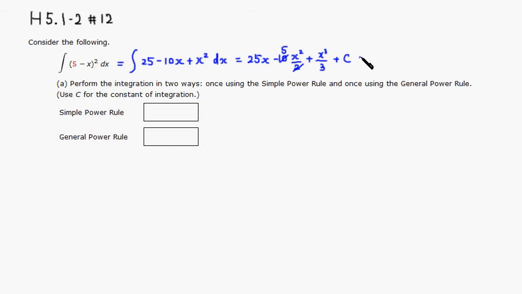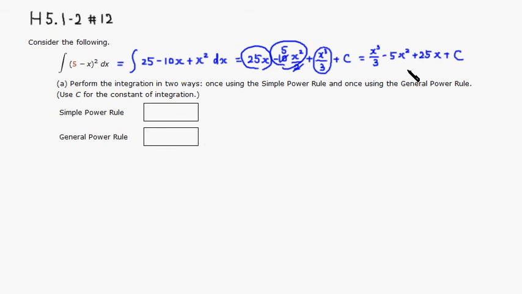So I'm going to write it with the highest term first. You have x cubed over 3. Next one is negative 5x squared. And then you have 25x, and plus some constant.